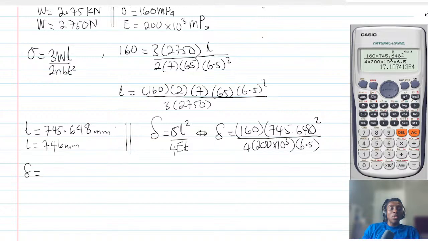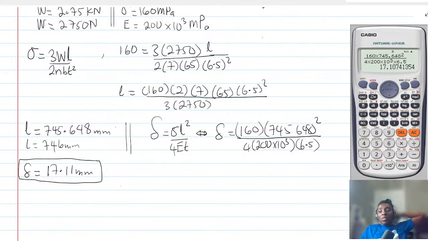So you are going to get 17.11. So essentially the deflection is going to be 17.11 millimeters, or let's say 17 millimeters.